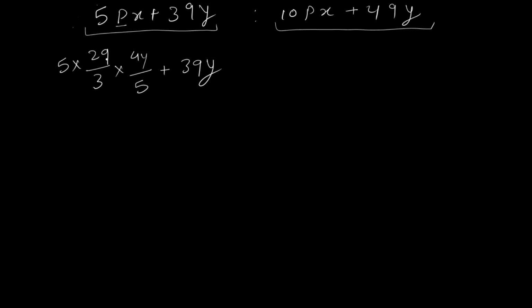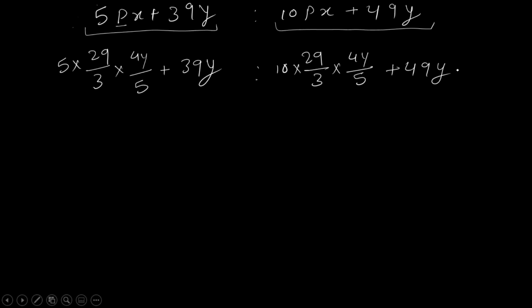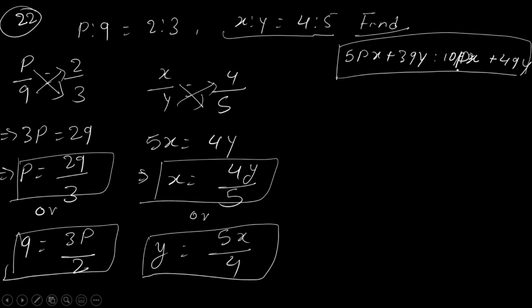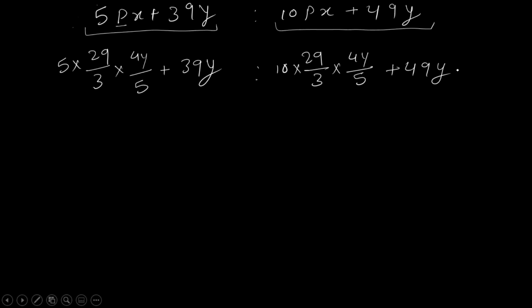Now see, this side all the variables are the same, qy, qy. This side also funda would be the same: 10 multiplied by p, that is 2q divided by 3, and root x, that is 4y divided by 5, and you have 4qy.